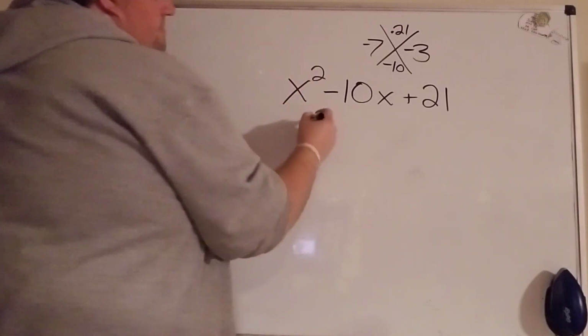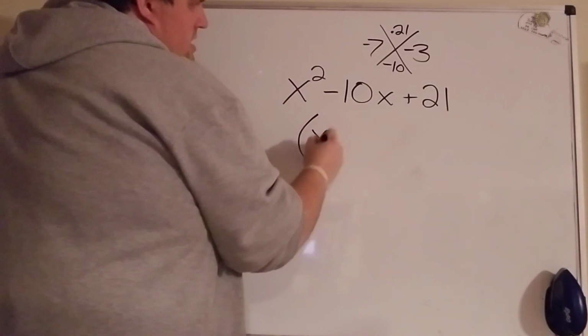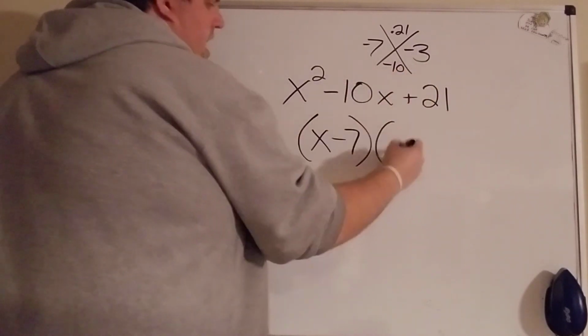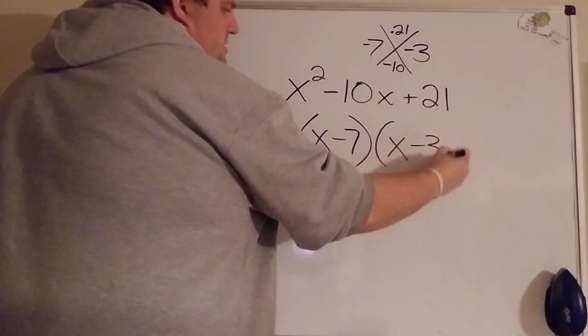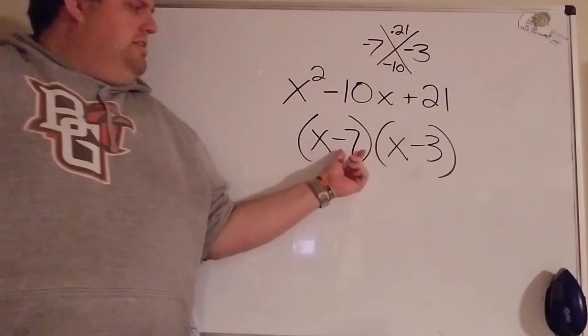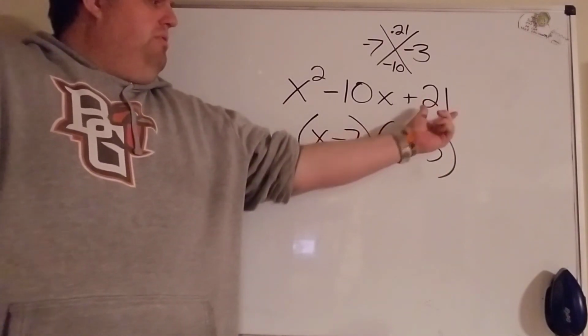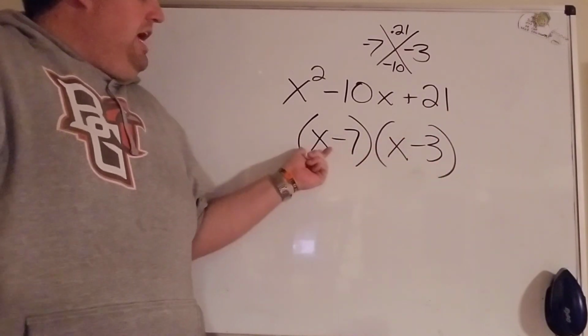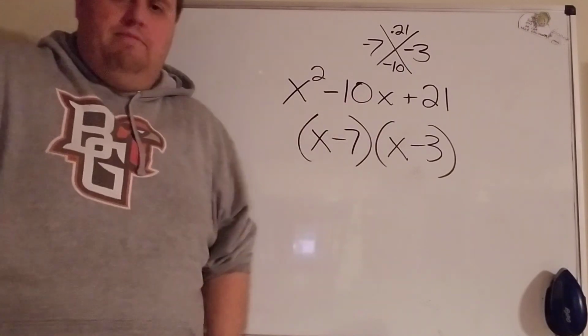So those look good. So we're going to break this down. x minus 7 and x minus 3. So those two binomials, negative 7 times negative 3 is going to give you 21. If we look at the middle terms, negative 7x, negative 3x, you add them, you get negative 10x.